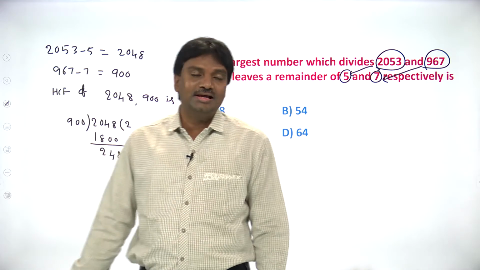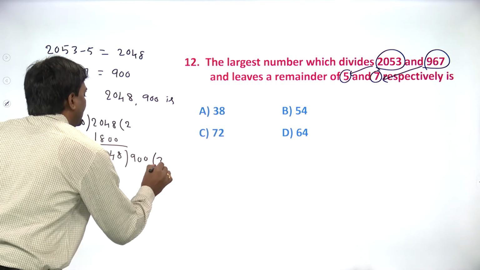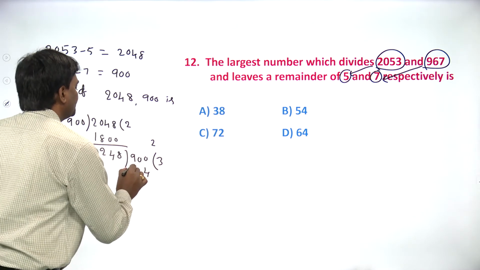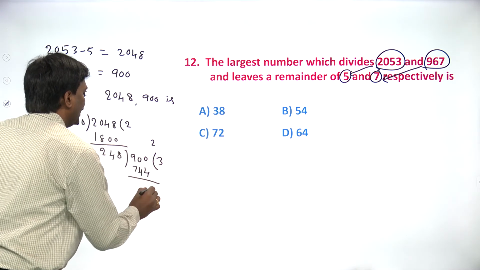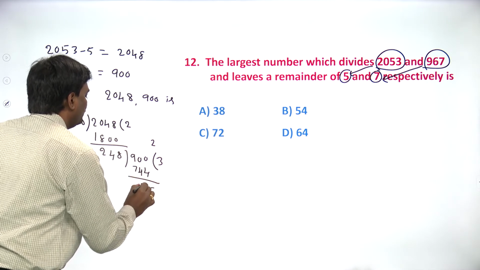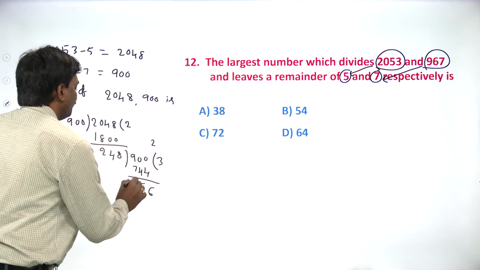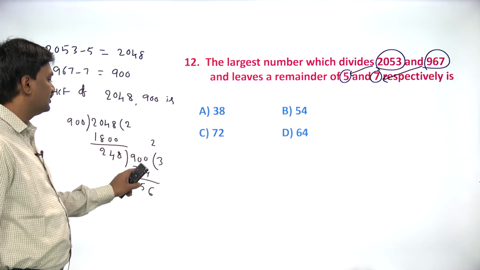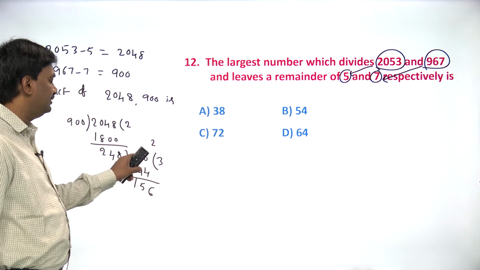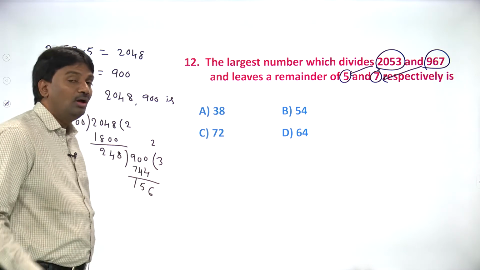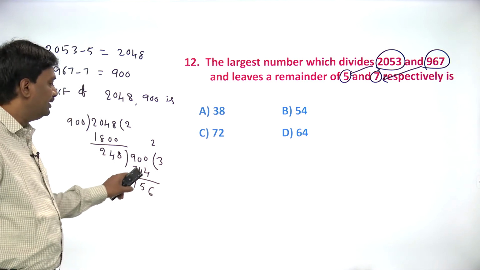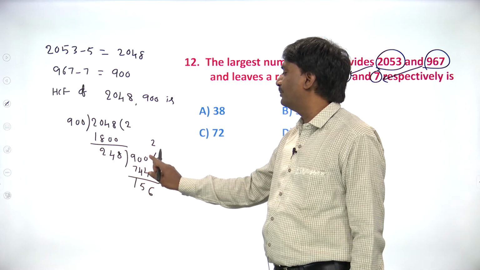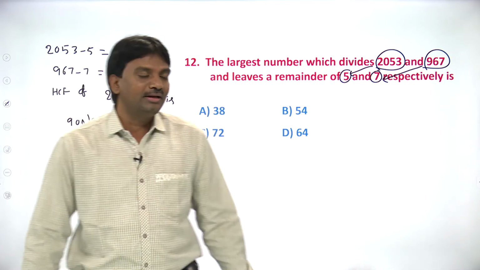So, let us take 3 times: 3 times 8 is 24, 3 into 4 is 12 plus 2 is 14, so 744. Subtracting 744 from 900, 10 minus 4 is 6, 9 minus 4 is 5, 8 minus 7 is 1, we have gotten the remainder as 156. But here we have not gotten the remainder as 0.